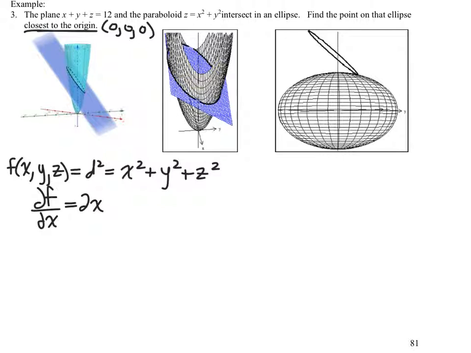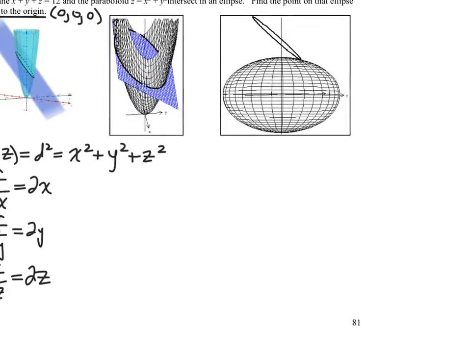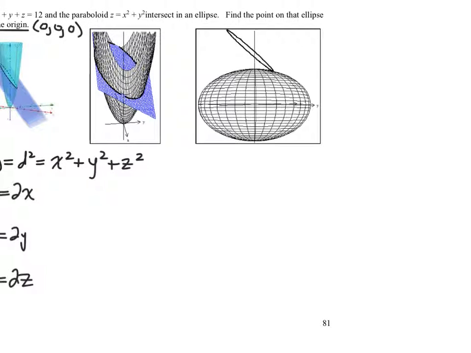Two x, 2y, plus, and 2z. So that's not bad. I have my two constraints, all right? So we need a point on that ellipse.